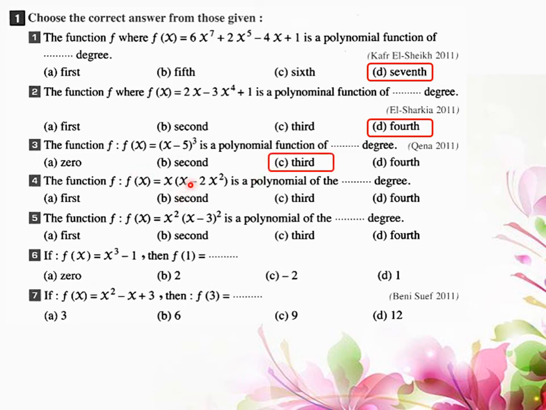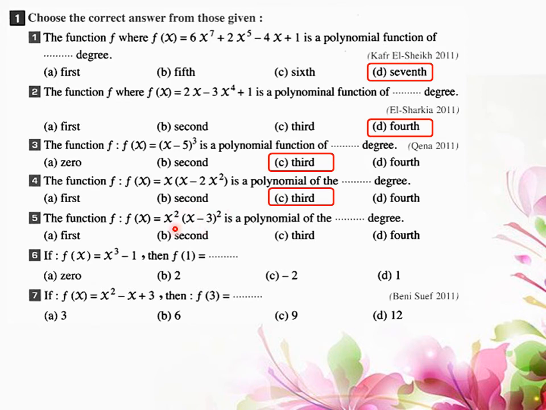Number 4, f of x equals x times x minus 2x power 2. If we multiply x in this bracket, it will be x times x power 2 minus x times 2x power 2, which equals minus 2x power 3, so the highest power will be 3, so it is a polynomial function of the 3rd degree.